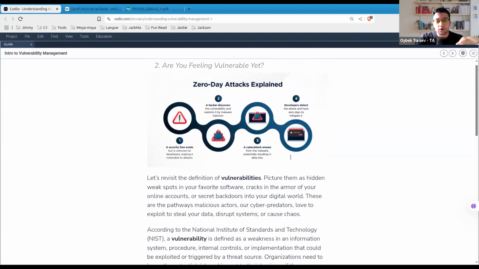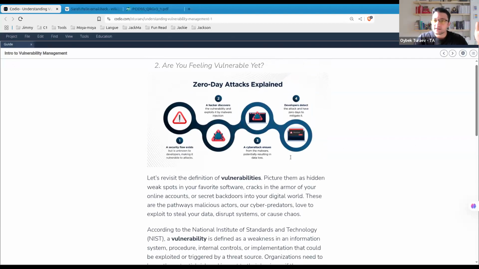In this figure, it shows that a security flaw exists. The hacker knows about this vulnerability and implements their technique. Unfortunately, we as cyber defenders don't know about this attack, and it could happen. So why are we considering these sorts of zero-day vulnerabilities, and how can we avoid them in the future?